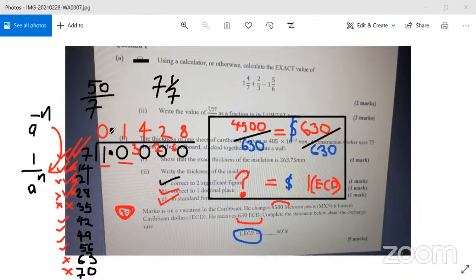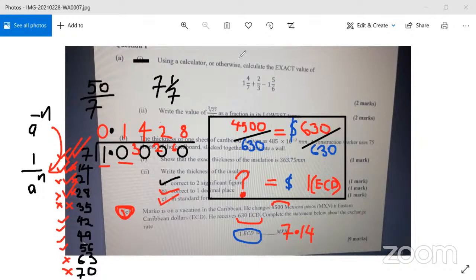So, sorry for being so elaborate. If we round this off, we'll get 0.143. Round that off, we'll get 0.14. So, all in all, we would have 7.14 Mexican pesos.